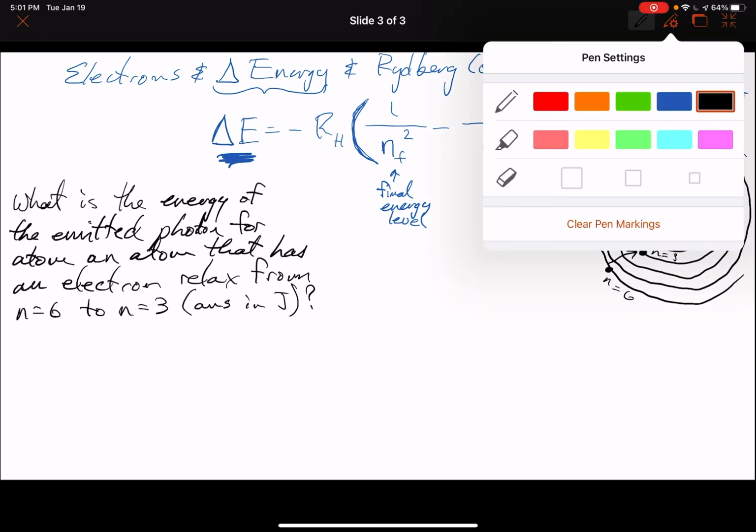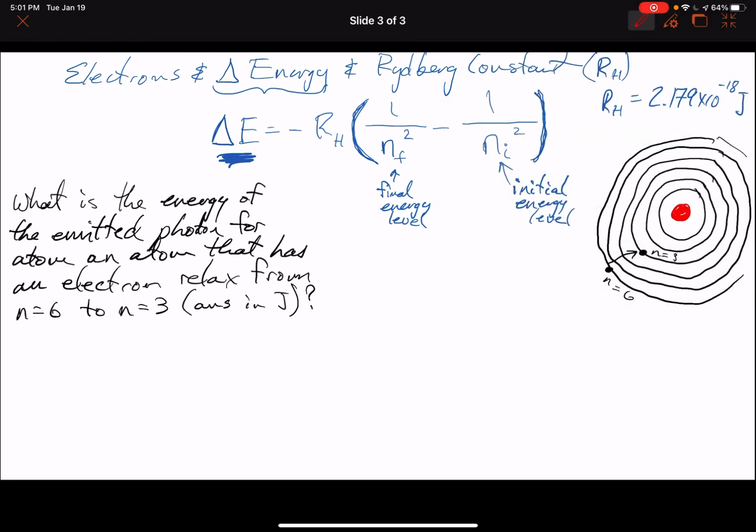Okay, so to answer this question, we'll apply our Rydberg equation here. So it starts with delta E equals minus the Rydberg constant, 2.179 times 10 to the minus 18 joules. And now we have our parentheses. So we're going to have the inverse of the final energy level. So we saw that it ended up at n equals 3.